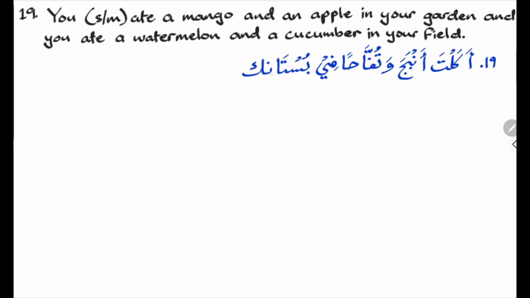The reason it is bustanika and not bustanuka or bustanaka is because it's coming after a fi, which is harf jar, which gives any noun after that jar a kasra. And you ate a watermelon and a cucumber in your field. So the same word structure. And you ate again is wa akalta.